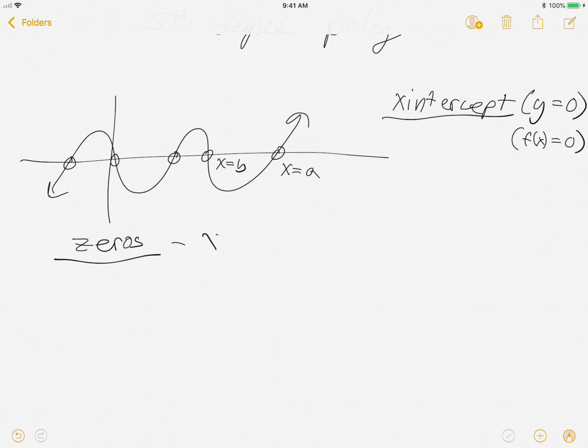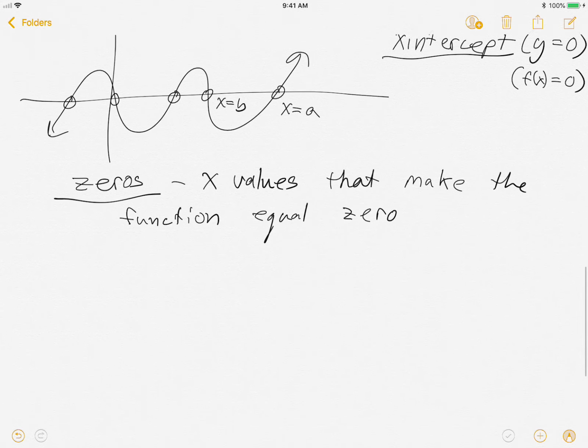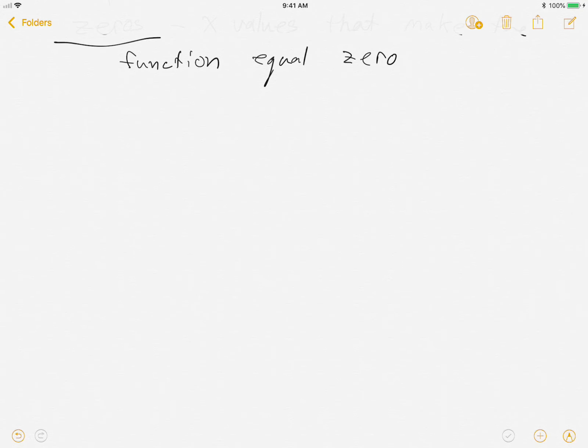They are x values that make the function equal 0. Okay? So, a few important notes here.